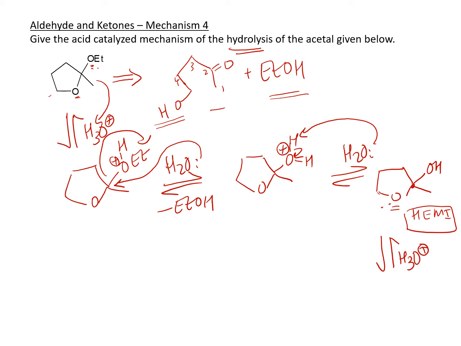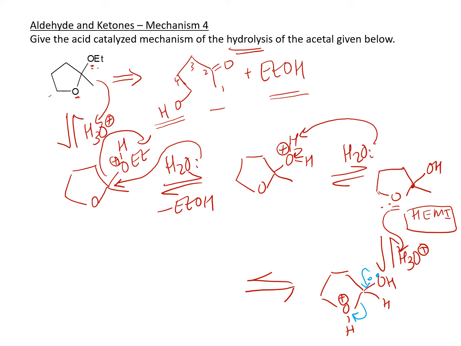And now I will use the electrons on this oxygen to protonate. And so now we have this OH and that, and this oxygen is protonated. So now I'm going to be forming my carbonyl, and so this carbonyl is going to be formed by these electrons coming down here and this bond breaking apart.